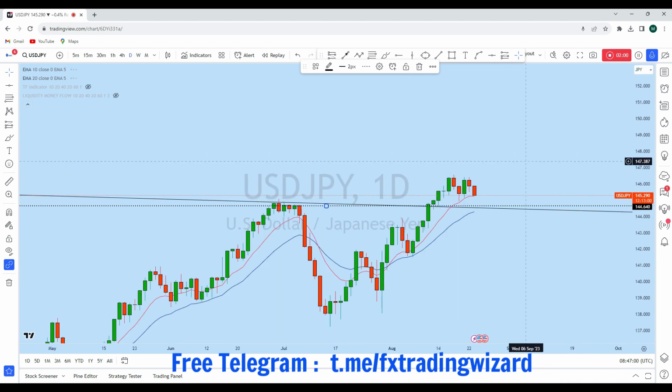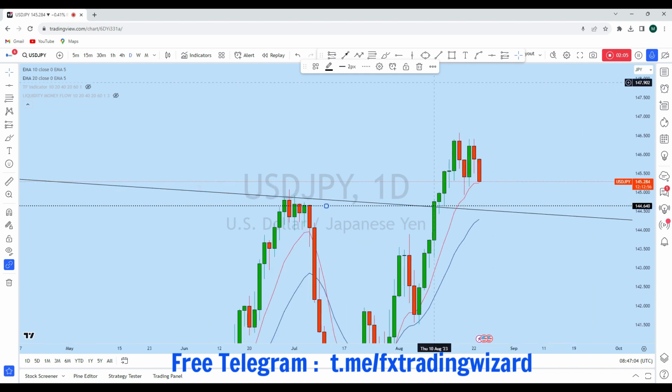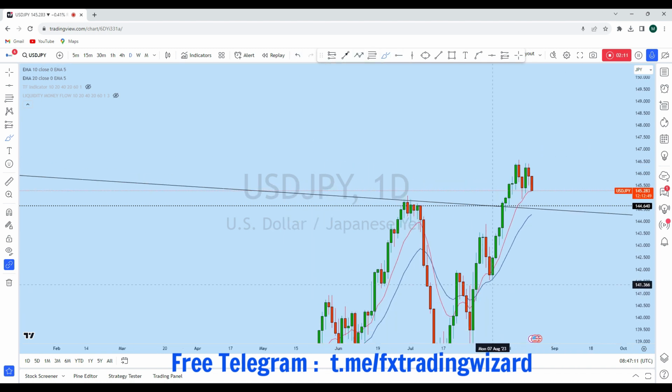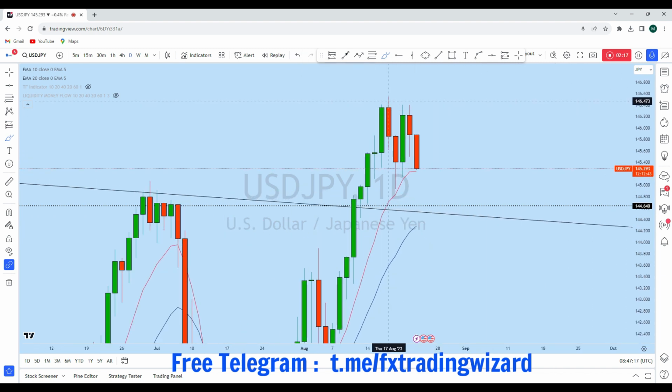Now if we look at the daily time frame, dollar yen has formed a double top formation on the daily, and this is the daily strong impulse, quite a few days of movement to the upside. With that move, we saw dollar yen create a drop. Again, the bulls tried to create a new higher high.